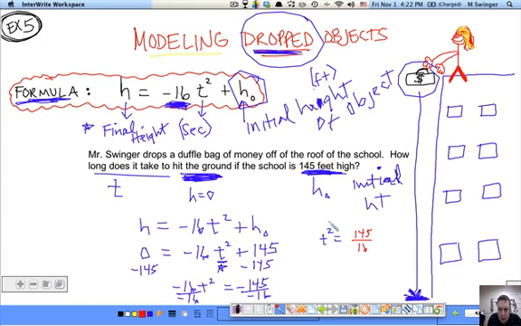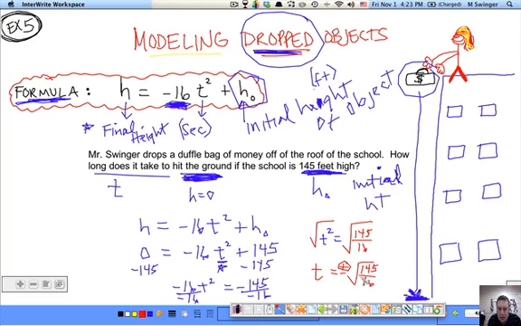And how do you get t? You square root, right? So t is equal to the square root of 145 over 16. Now technically it's plus or minus, right? But you can't have negative times. So really it's just the plus.